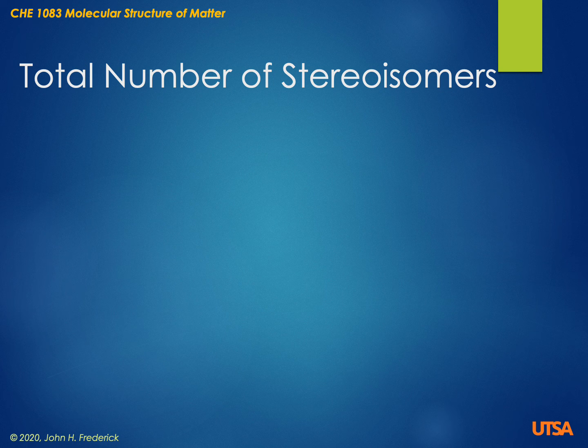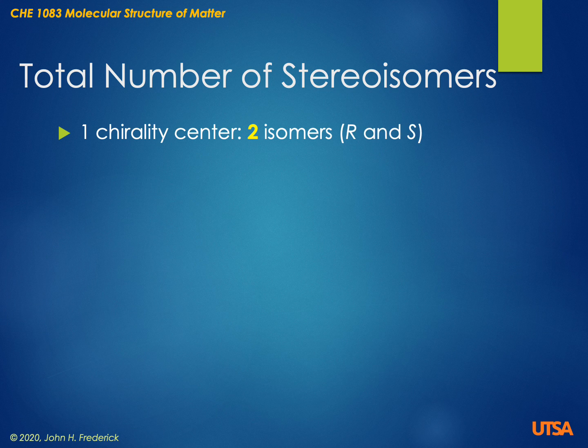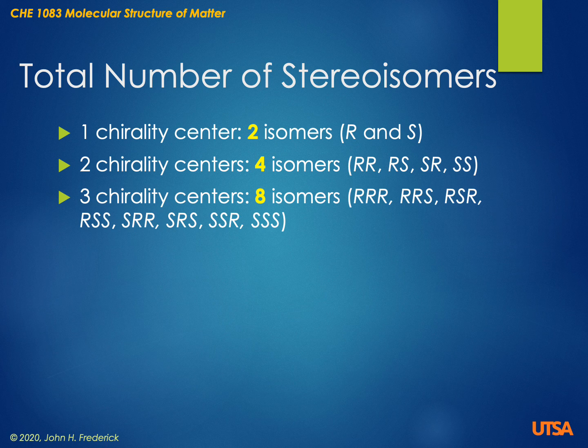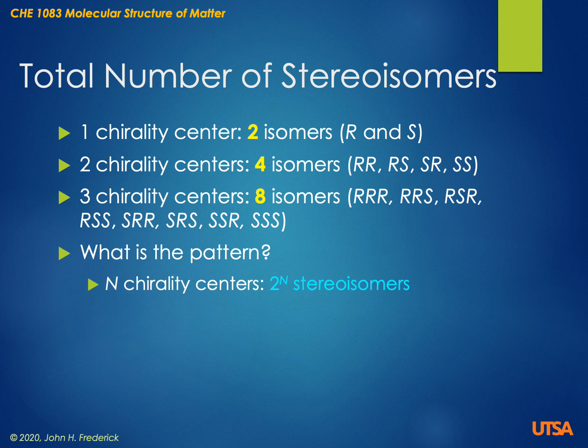So how can we characterize the total number? Well, for 1 chirality center we had 2 isomers. For 2 chirality centers we had 4. For 3 chirality centers we had 8. Are you beginning to see the pattern? All right, indeed, if we have n chirality centers, we have 2 to the n stereoisomers.